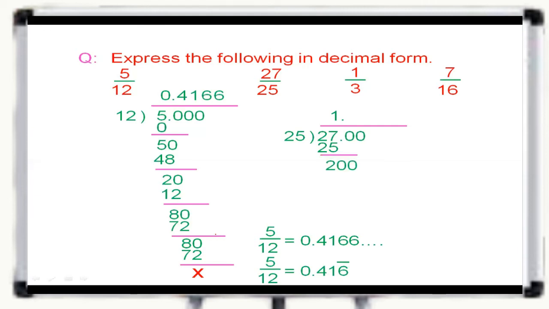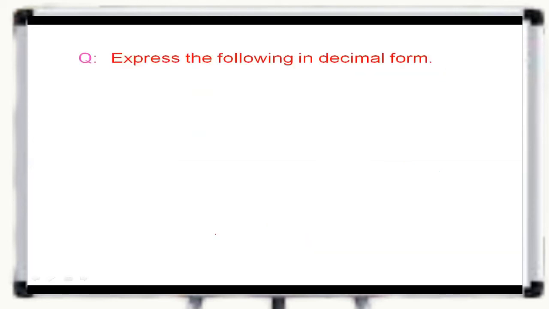So we have to take another 0, 200. That 200 is bigger than 25. So 25 eights are 200. The remainder is 0. That means this rational number is terminating. 27 by 25 is equal to 1.08.